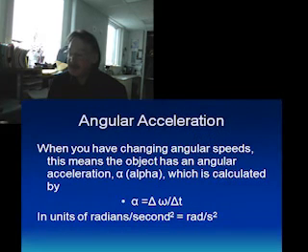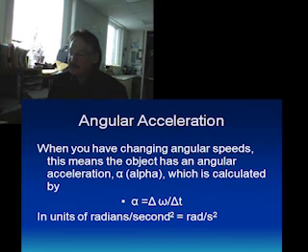From the definition of acceleration, linear acceleration was delta v over delta t.